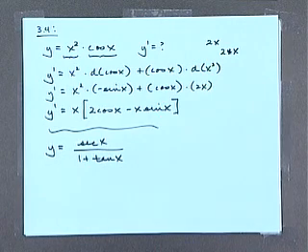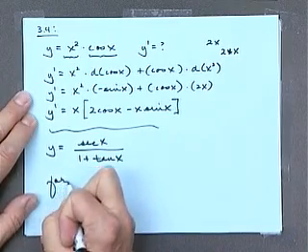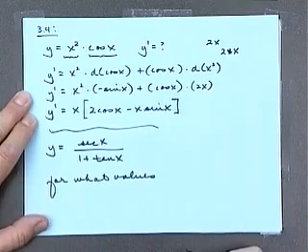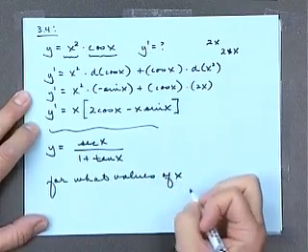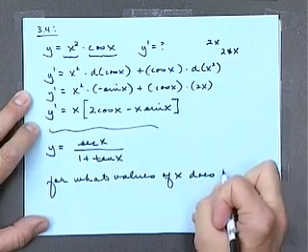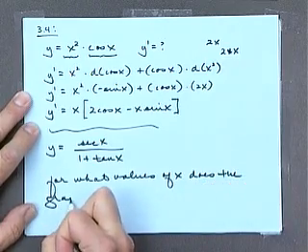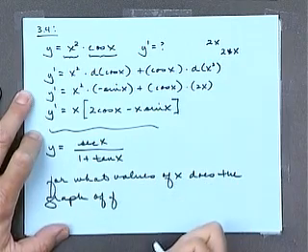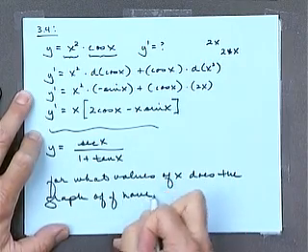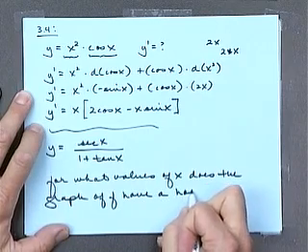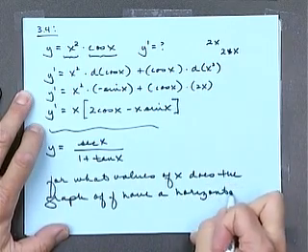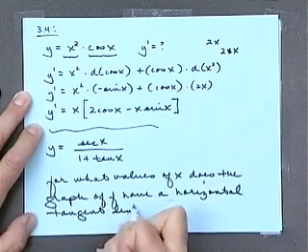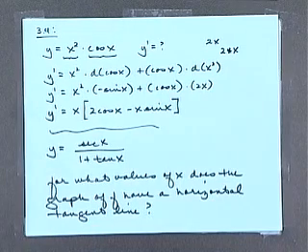But here's the function. And the question is, for what values, or value, of x does the graph of f have a horizontal tangent line?